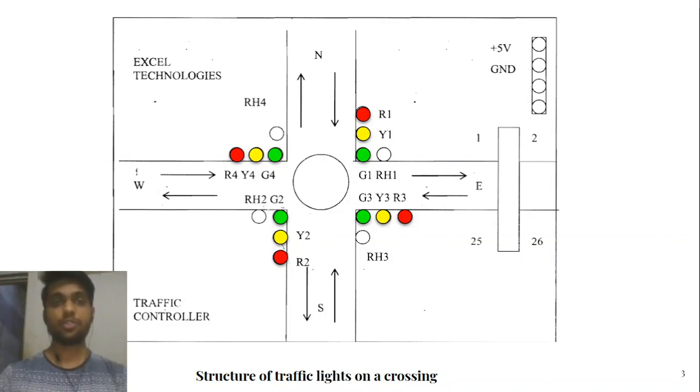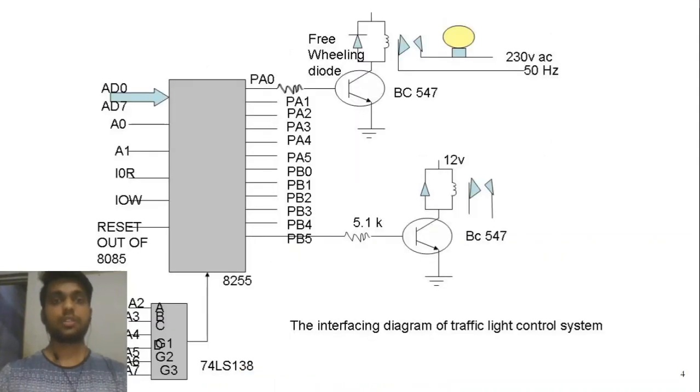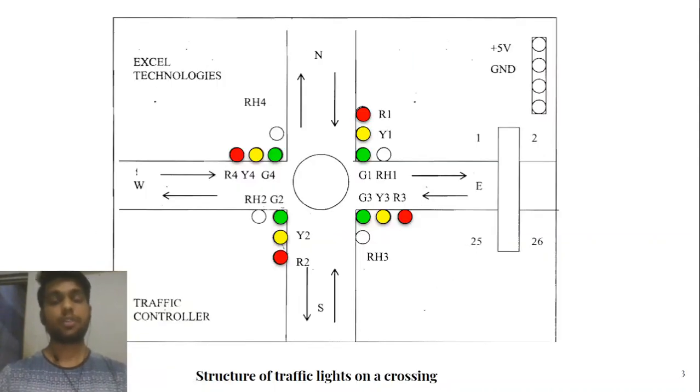There's also a fourth LED which is denoted by RH, which indicates a warning of transition. Controlling these LEDs is pretty basic and doesn't need any external memory, so 8085 is best suited for this purpose. In this video I'll be talking about the one at a time system of controlling the traffic.